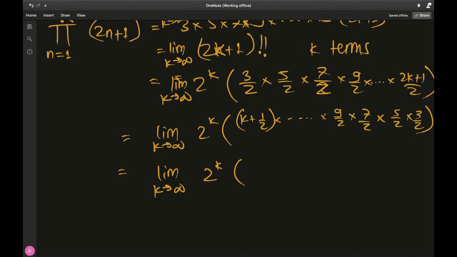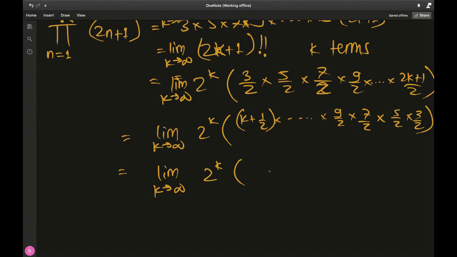So 9 over 2 minus 1 is 7 over 2. 7 over 2 minus 1 is 5 over 2. 5 over 2 minus 1 is 3 over 2. So we are just reducing by 1 like a regular factorial, and the starting term is k plus half.